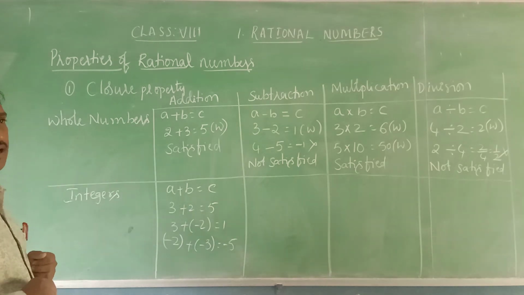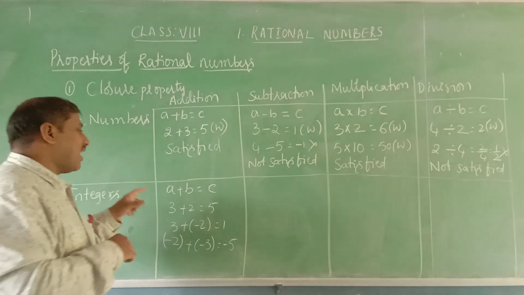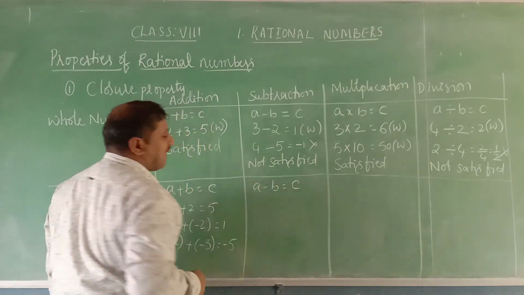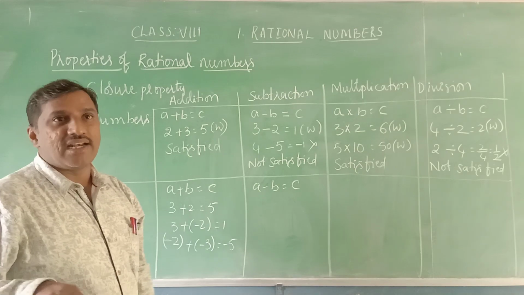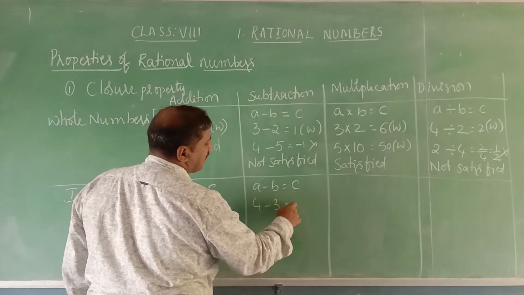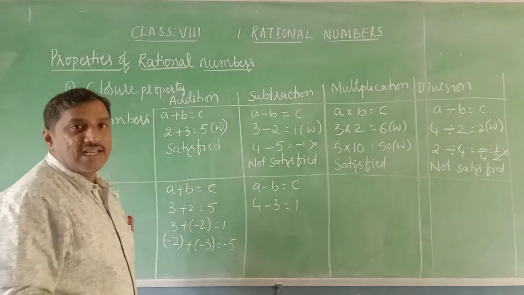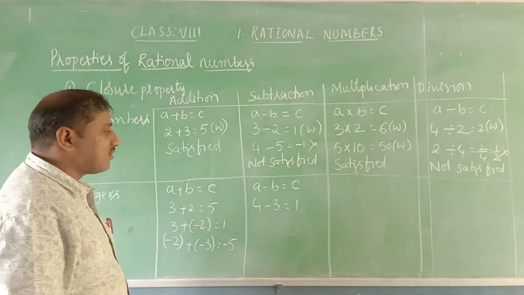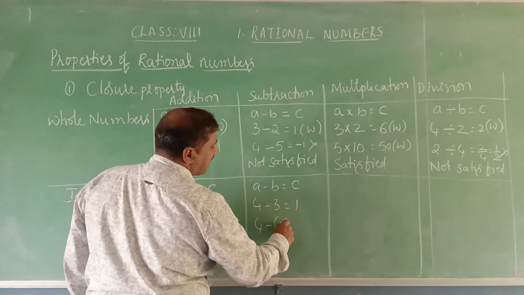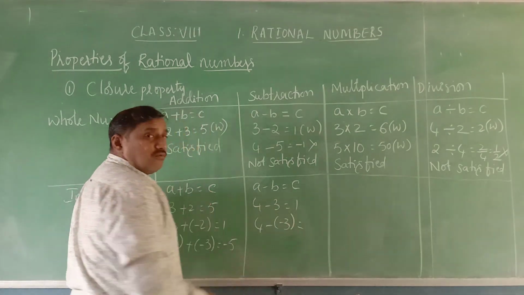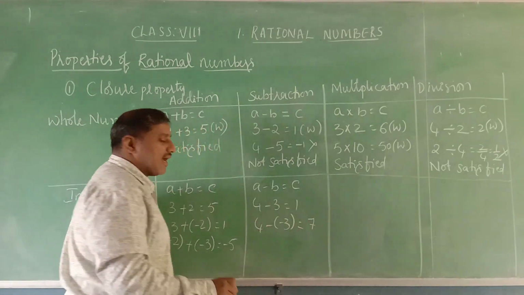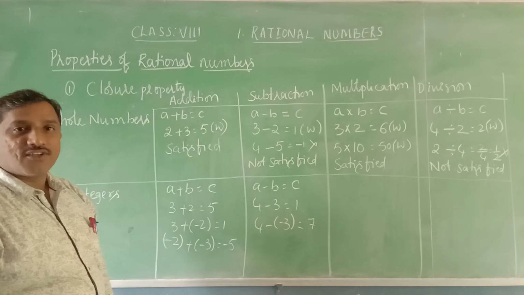Now the second, that is under subtraction. Let a and b be two integers, then a minus b is equal to c, where c is also an integer. We will find out now. 4 minus 3 is equal to 1, it is an integer. 4 minus minus 3 is equal to 7, it is also an integer.